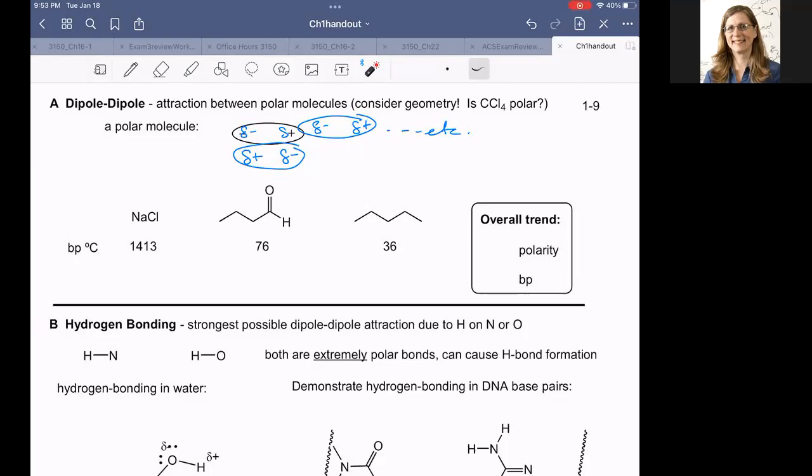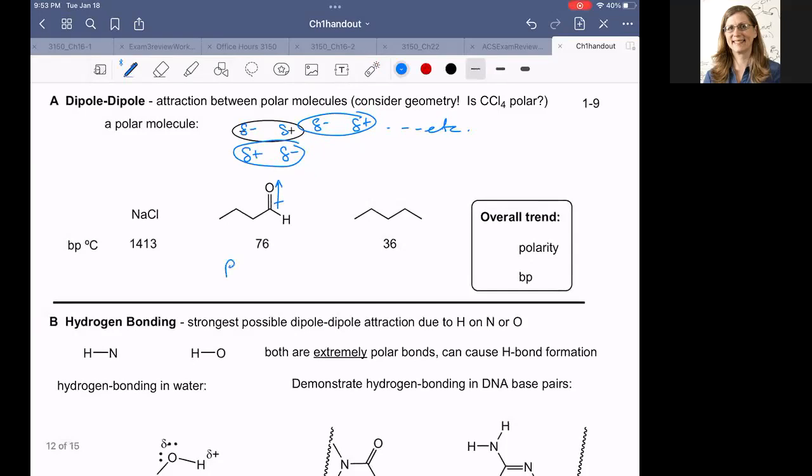Or is either one of them polar, or are they both polar? Do we have any polar bonds? Yeah, here's where we have a polar bond in the direction of the oxygen. And so this molecule is a polar molecule, while this hydrocarbon here is a non-polar molecule.